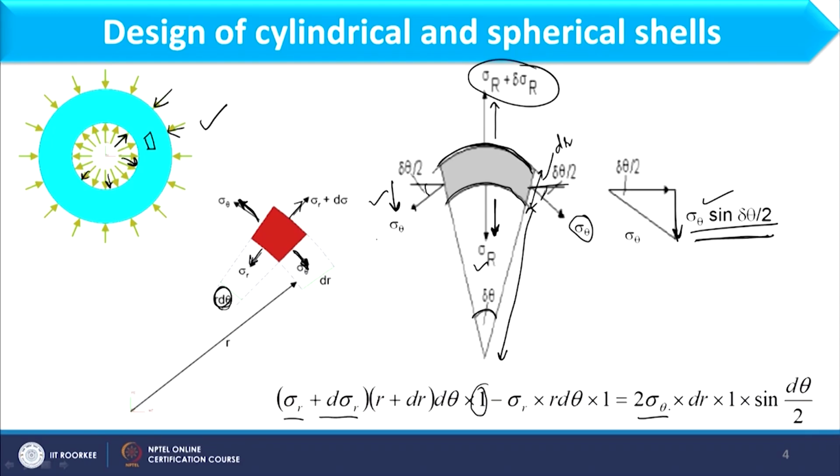So, 2 sigma theta into dr, dr is basically this distance into 1, that would be the length. So, dr into 1 would be the acting area for this component into sin d theta by 2. So, in this way we make the force balance in this particular section of the thick walled vessel.